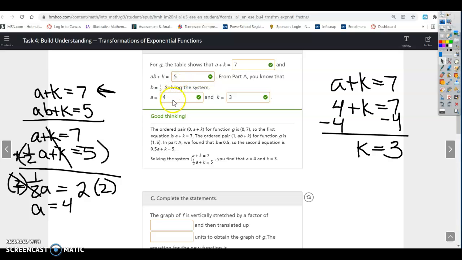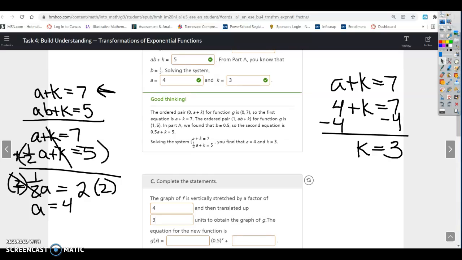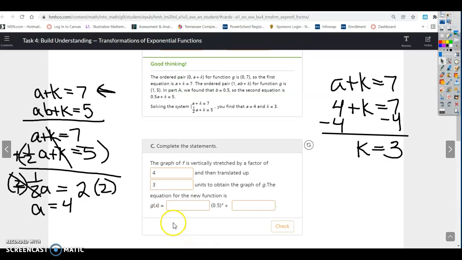It'd be stretched by a factor of 4, because A is what's going to stretch it. And is translated up, K moves it up or down, is translated up 3 units to obtain G. So the new equation is going to be G of x equals 4 times 1/2 to the x power plus 3.